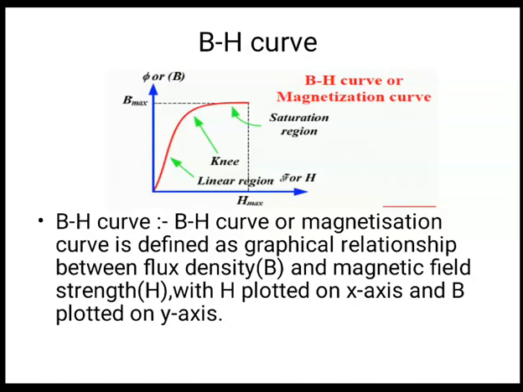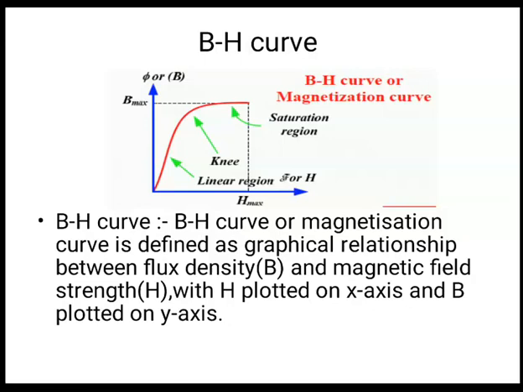It starts from the origin, and you can see first there is a linear strip, that is, it shows a linear relation between the flux density and the magnetic field strength. After one point, which is also known as the knee, I have mentioned there, K-N-E-E, what happens? The flux density becomes saturated.